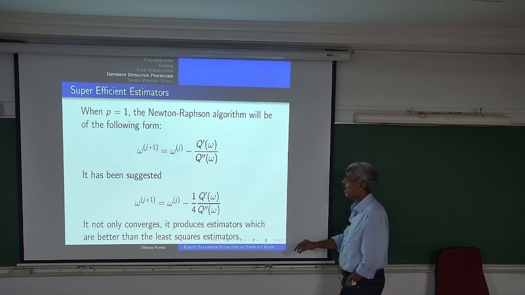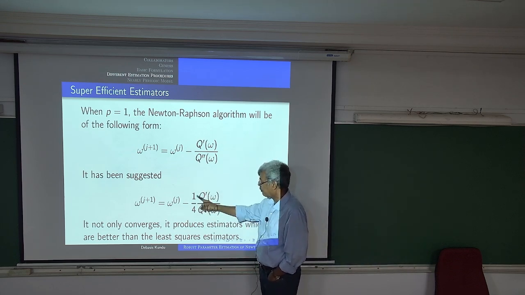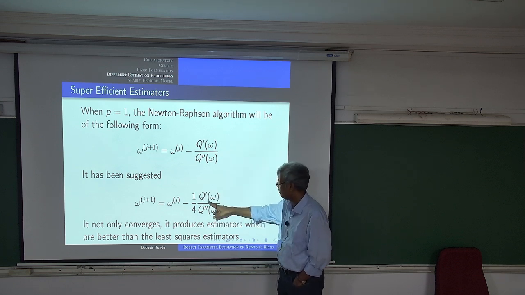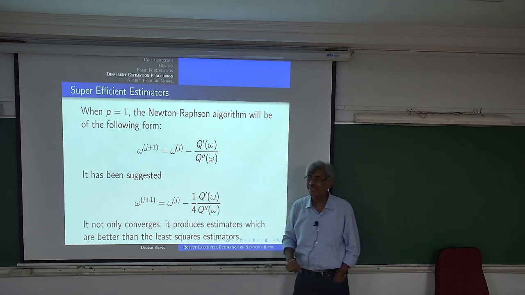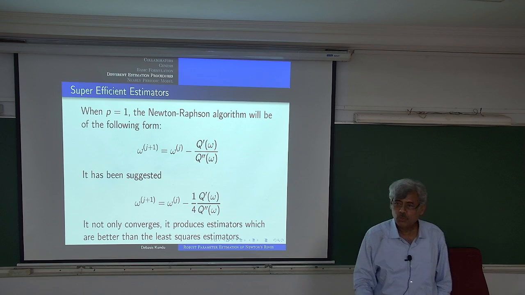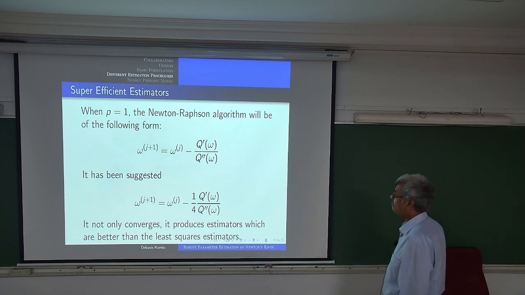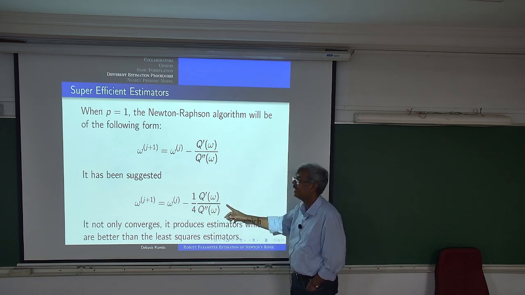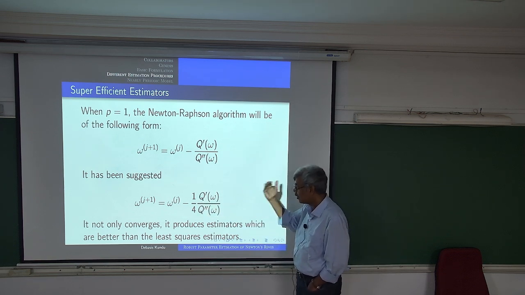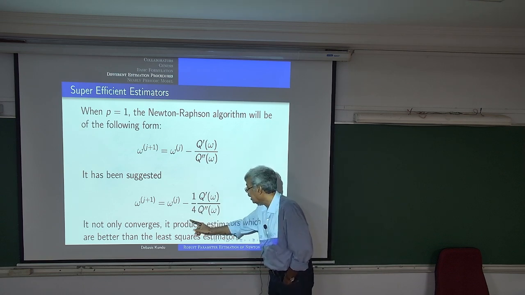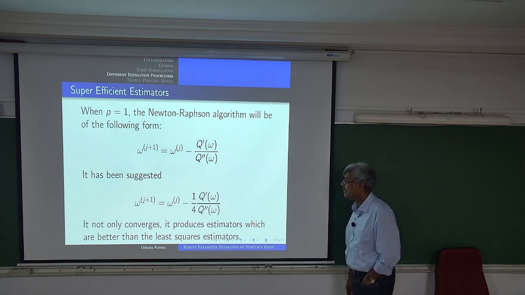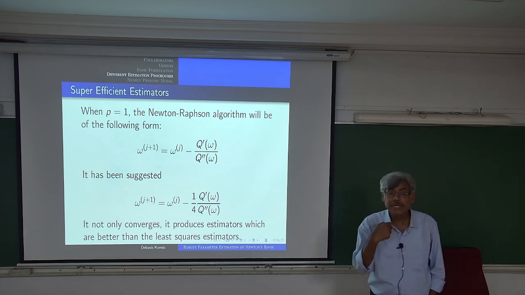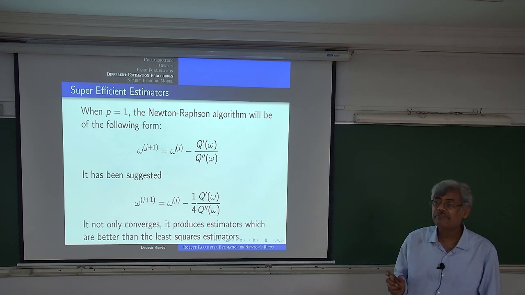On the other hand, if you have a step factor, of course this 1/4 does not come from heaven. Theoretically it can be shown that with this step factor modification, it gives very good results. It not only produces the estimator, in fact it is better than the least squares estimator in terms of the variance.